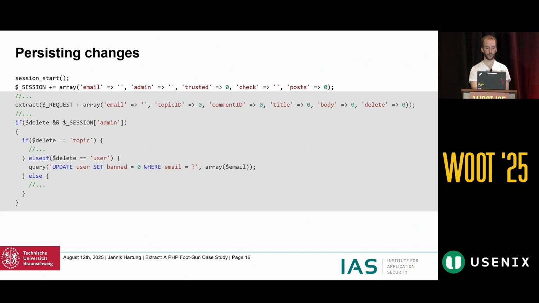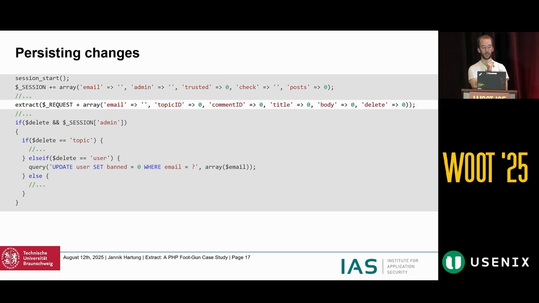So if we look at this code example, we see the session is started and some default values are put into this session. And then later, extract is called with our user input, and again, with default values for random variables if we don't add them ourselves.